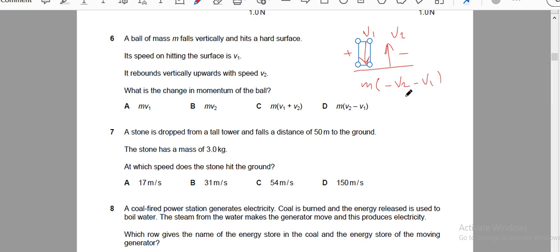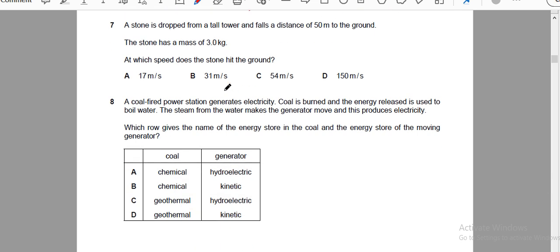It's not given in the options, so we can make the downward negative and the upward the opposite, so positive, and the change in momentum would be mv2 minus v1, which is positive.